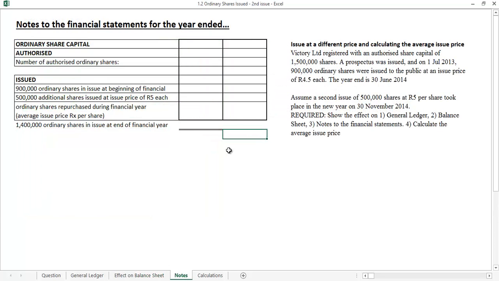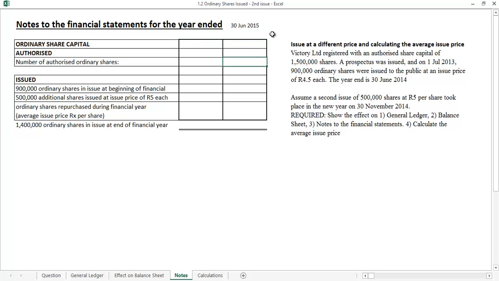Just lastly, the note quickly. Again, we've got our ordinary share capital note. This is going to be for the second year, which is now going to end on 30 June 2015. Sorry, let's just format that. 30 June 2015. There we go.